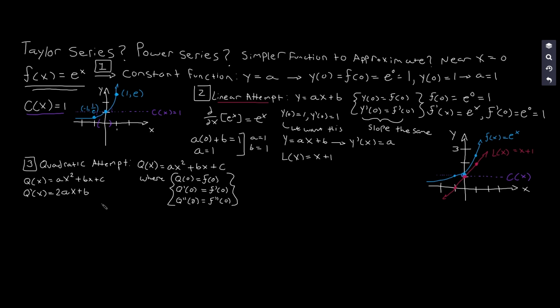So that's the derivative with respect to x, and then we're going to take the second derivative, q double prime of x, and so then 2 times a x plus b.